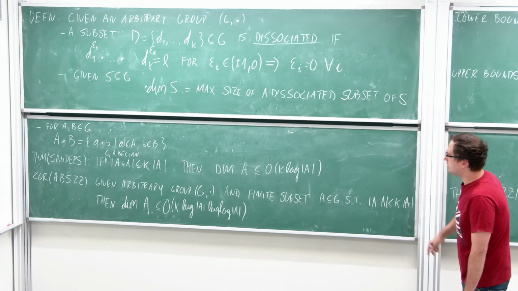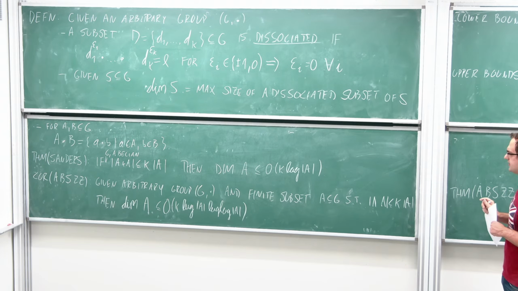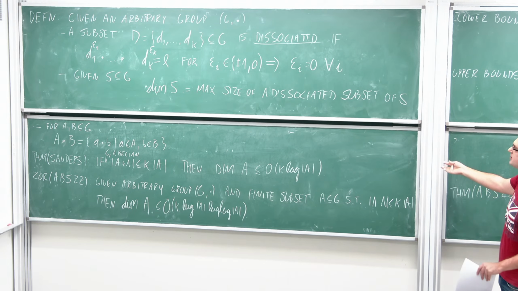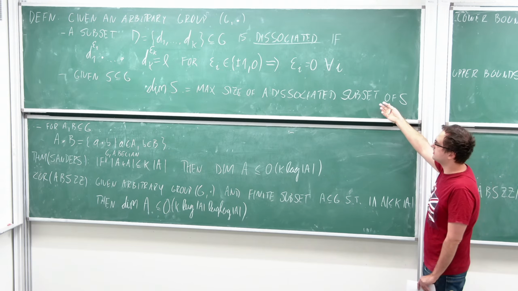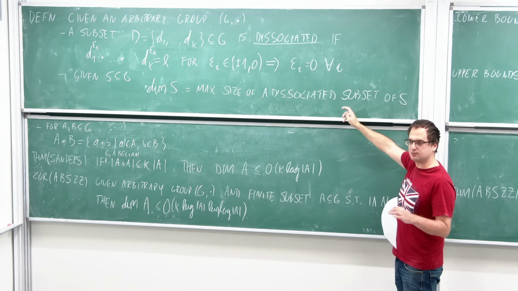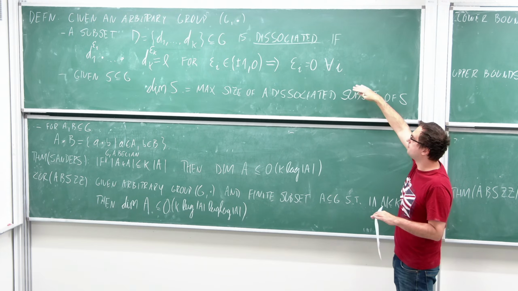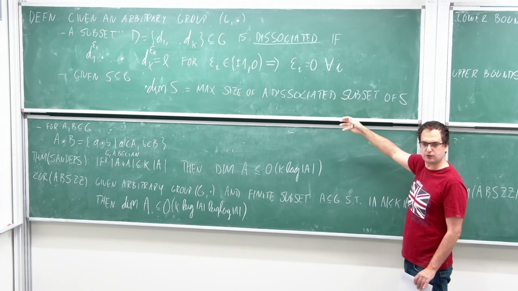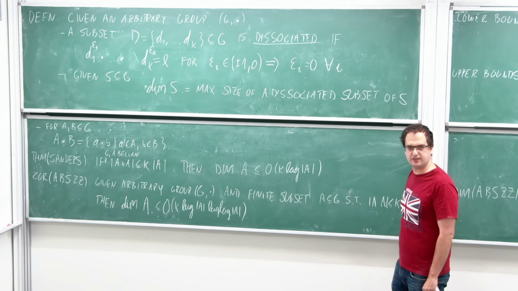Really, what both of these results are saying is that if your set has small doubling, it needs to be structured, in the sense that it has small dimension. You can span it using very few elements of your group by just taking plus or minus one linear combinations.